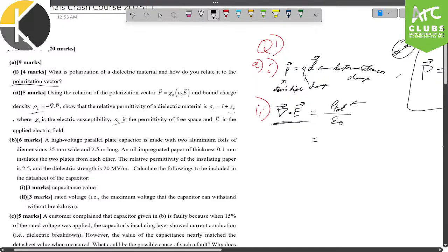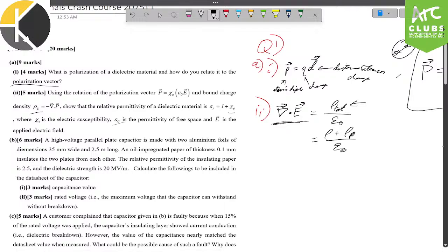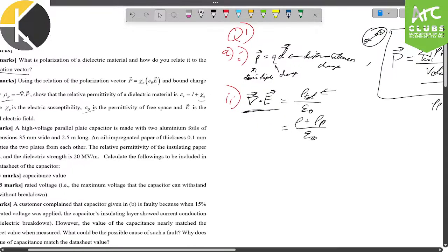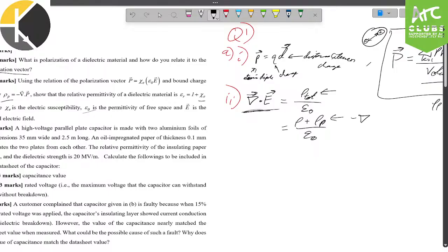So we can denote this as rho plus rho P, all over epsilon 0. There is an accounting of bonus surface charges because of the dielectric.